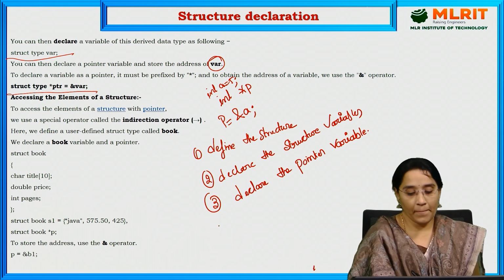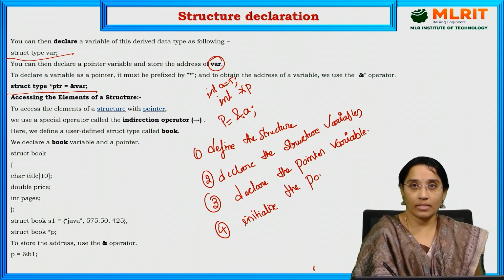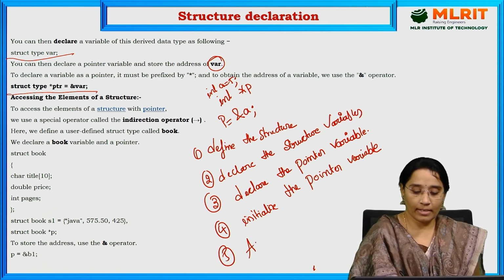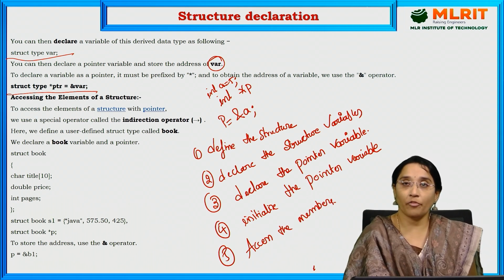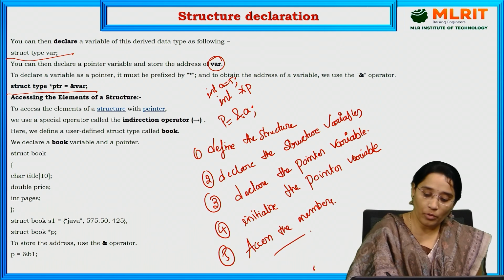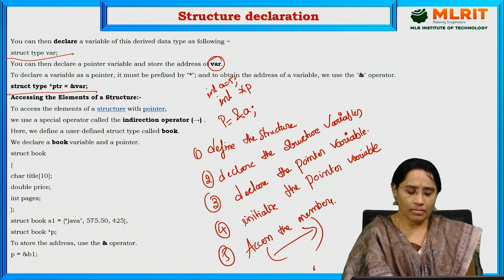Fourth, initialize the pointer variable. And fifth, access the members. How to access the members of a structure? We can access the members of the structure by using the dot operator. But when it comes to pointers to structure, you will use the arrow operator to access the members of the structure.